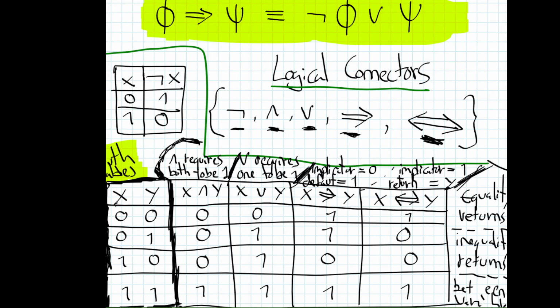Okay, so the first one. Phi implies psi, so x implies y. Let's look at the first scenario.